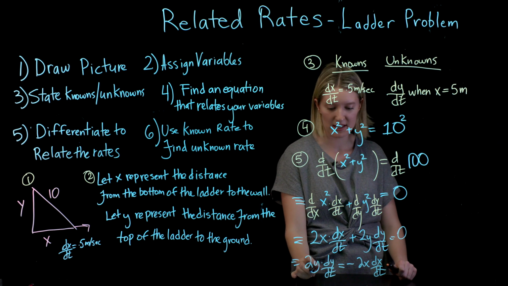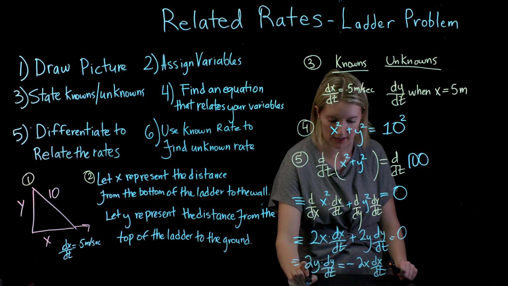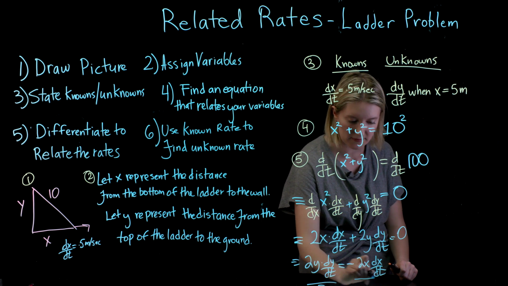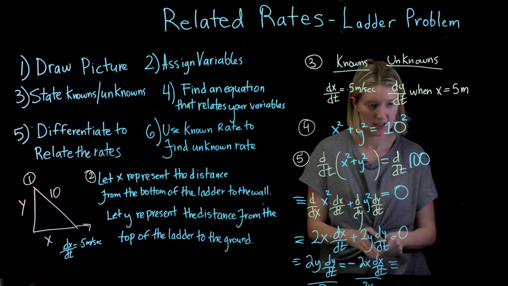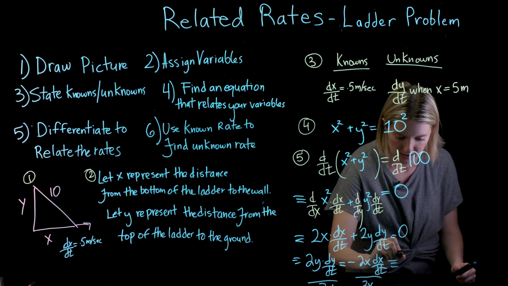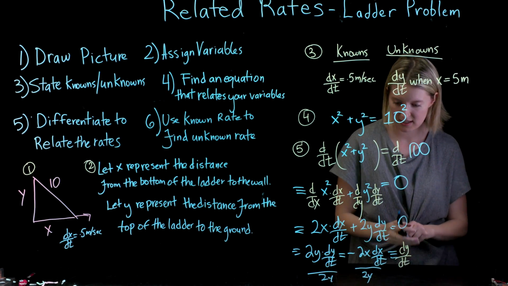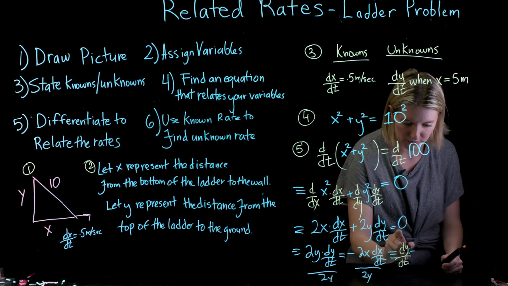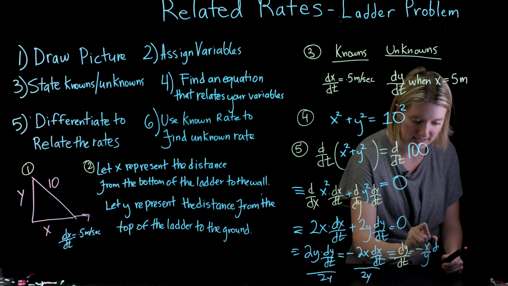And then I'm going to divide both sides by 2y. So I can write divide by 2y, divide by 2y, and I should be left with dy dt is equal to negative x over y dx dt.